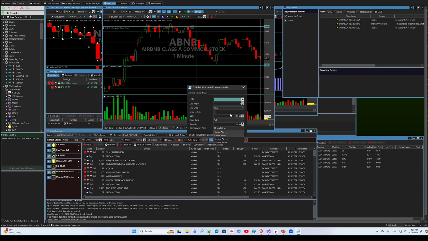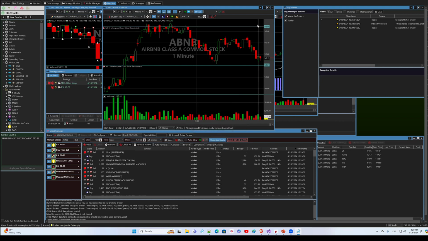If we get a close above, we'll get a market order when it closes above that price. That might be a good reason to use closes unless you really want to get out quickly. Crosses would sell a market order in a descending market, right?